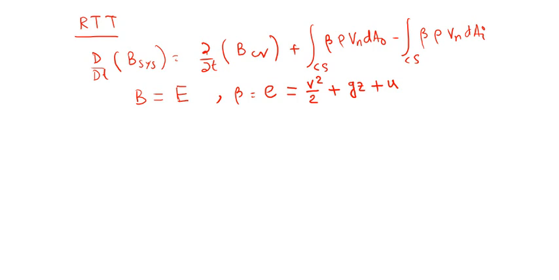So e, as you already know from thermodynamics, consists of the kinetic energy, potential energy and the internal energy. If you simply apply it in the Reynolds transport theorem, what will be the rate of change of energy of a system?